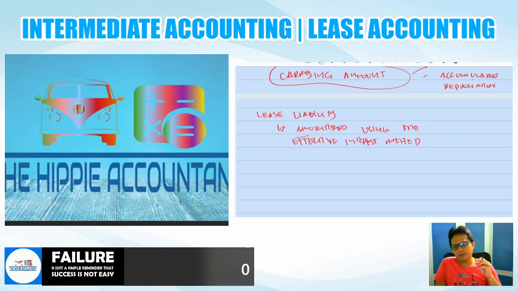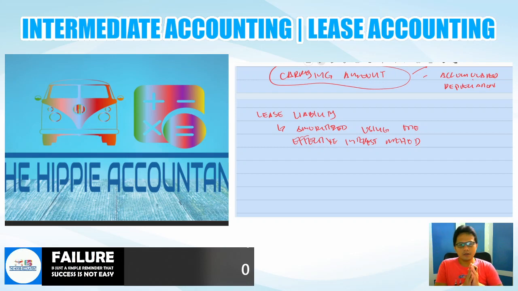So what portion of the payment relates to the principal, that will be deducted to the carrying amount of the lease liability. And what portion is the interest expense? Kasi nga, we are applying the present value concept in measuring the lease liability.